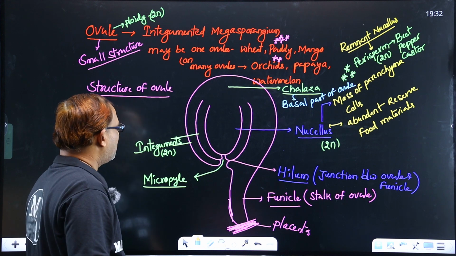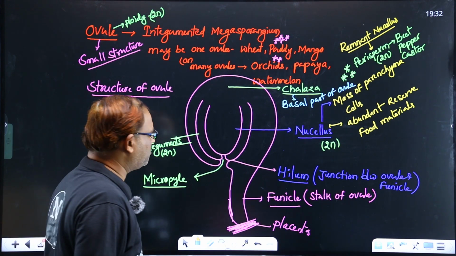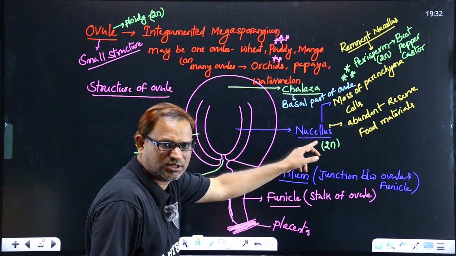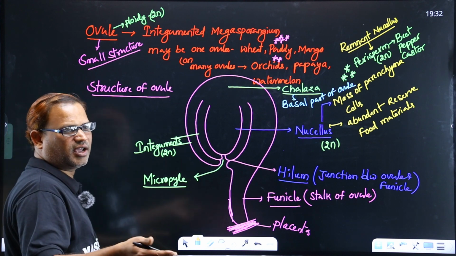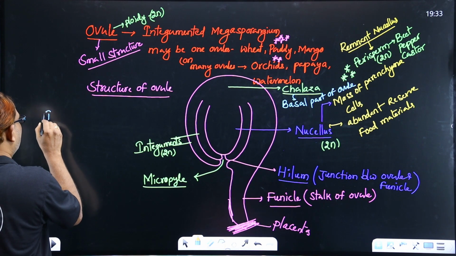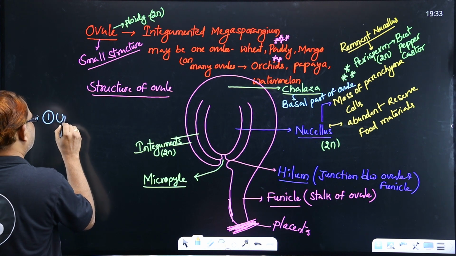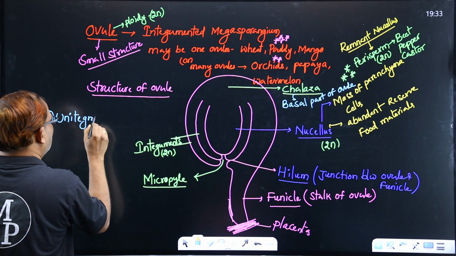Okay, clear now? Coming to the next one, based on the number of integuments, which surround the nucellus, ovules are again of 3 types. What are the 3 types here? First one is unitegmic ovules.